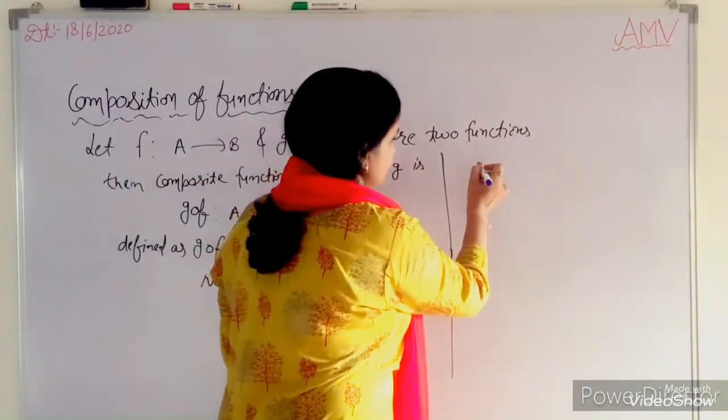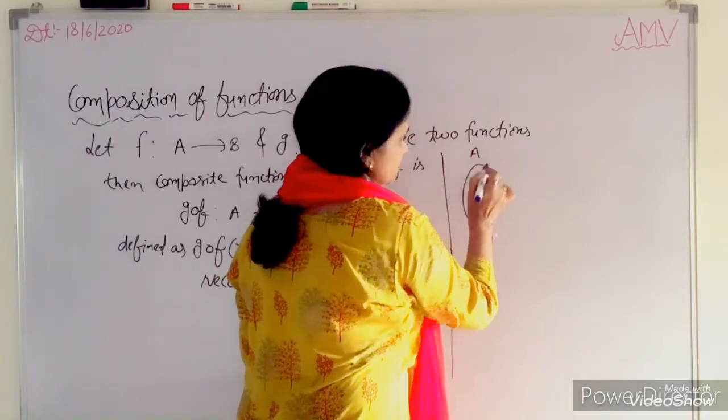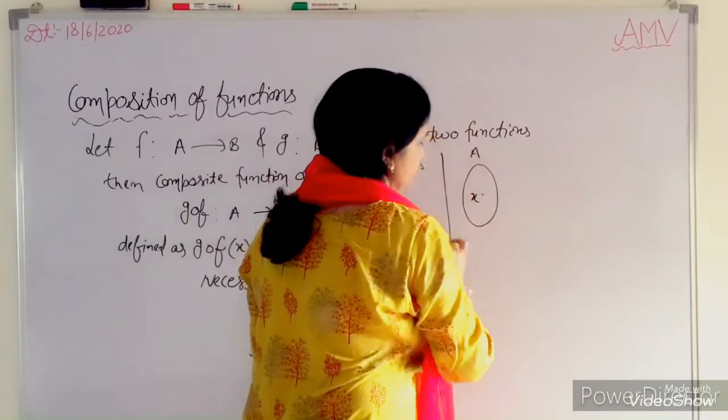Venn diagram for this composite function, student. Let A be a set and x an element.